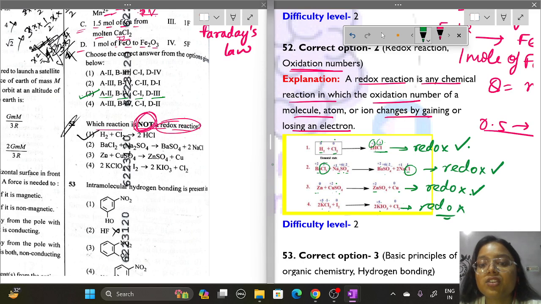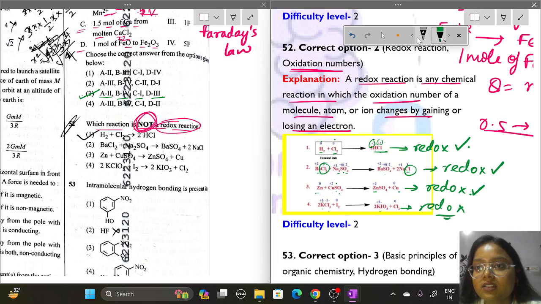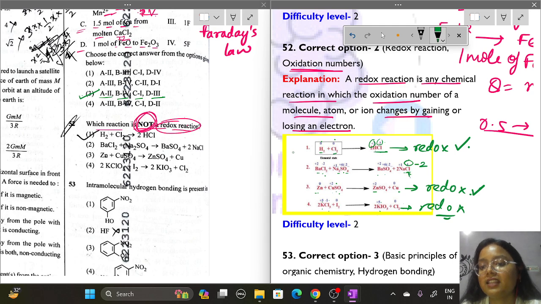Sorry, there is one confusion here. Option 2 will be the correct answer in this case, because Ba will be plus 2 and here Ba is also plus 2, and Cl is minus 1 and here Cl will be minus 1 only. I wrote minus 1 because I was considering only one Cl, but here 2 Cl is given.